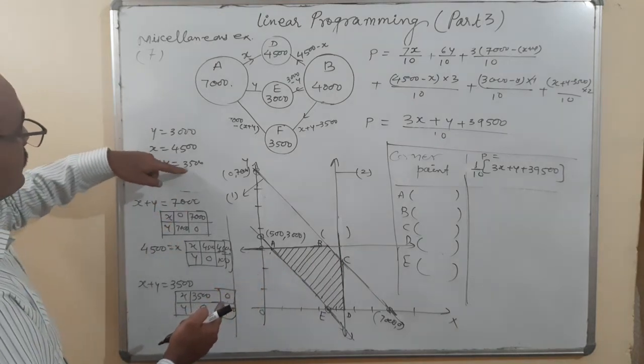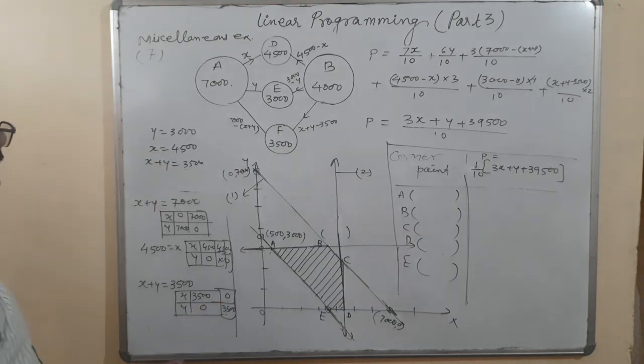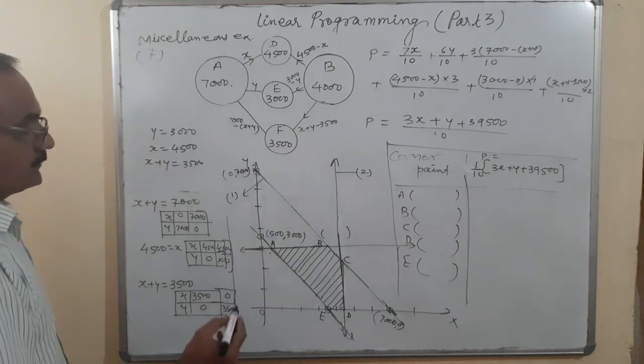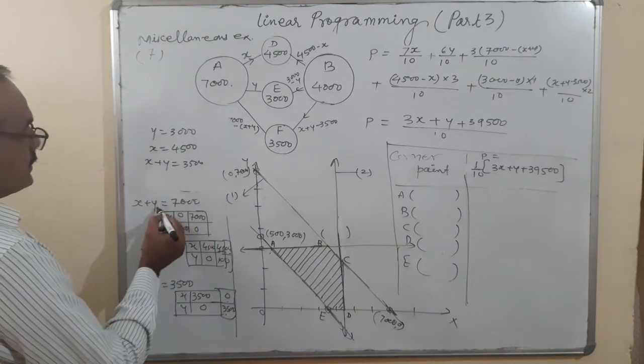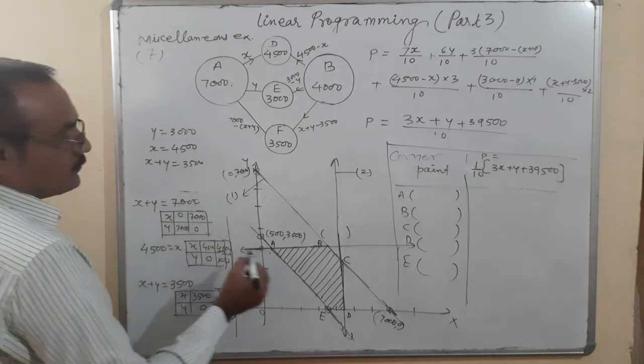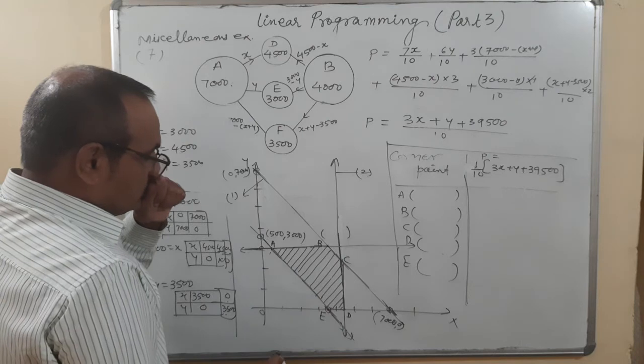Okay, so it is 3000 and that is 7000. So y is equal to 3000, and 7000 minus 3000 is 4000, and 3000.